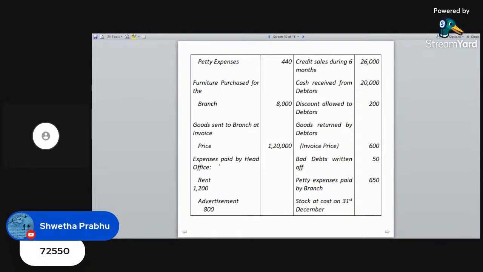So we have to deduct only 6 months depreciation. 8,000 into 10% is 800 rupees of depreciation, into 6 by 12, that is half, so 400 rupees of depreciation is to be deducted from the furniture account, and the balance of 7,600 will be taken to the outer column.